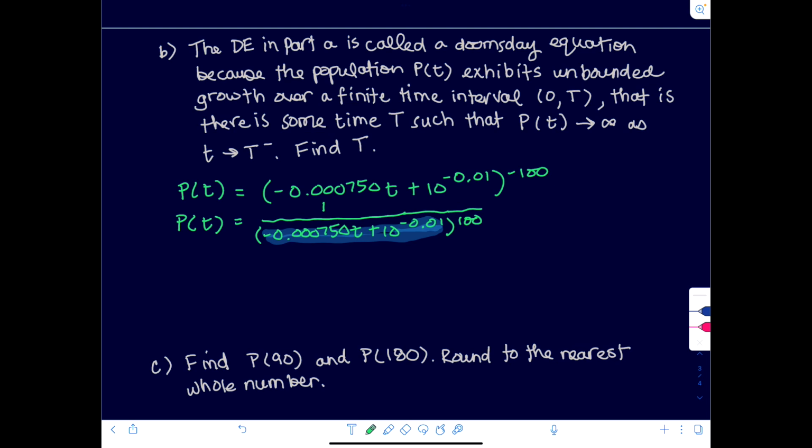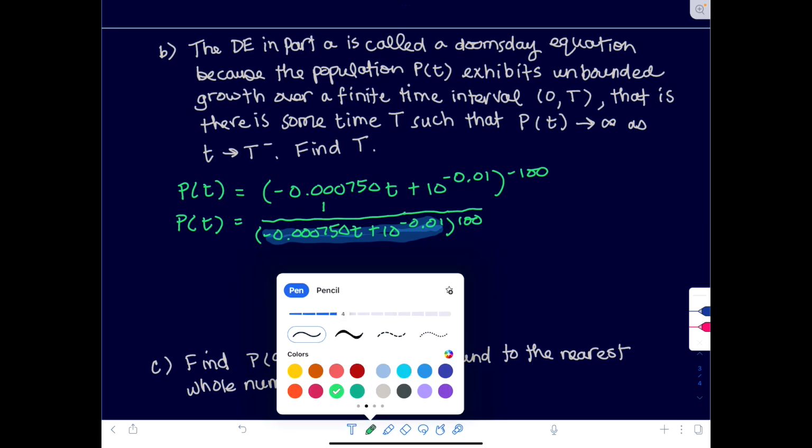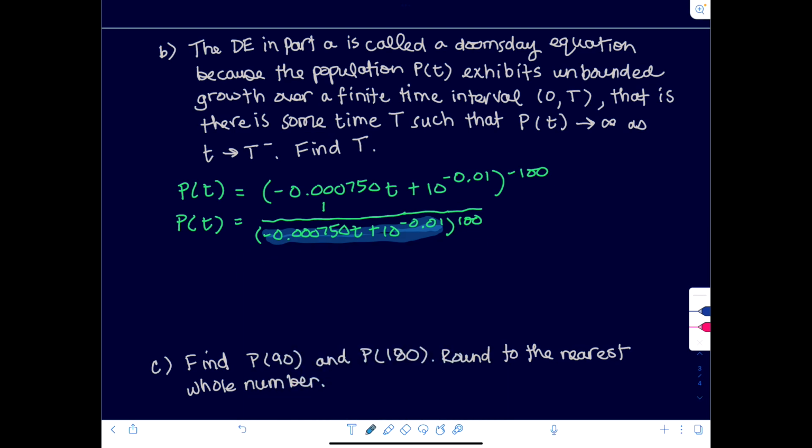So what we're going to do is substitute in capital T for t, and I'm going to set what's inside there equal to 0.